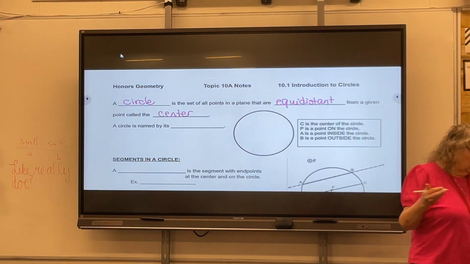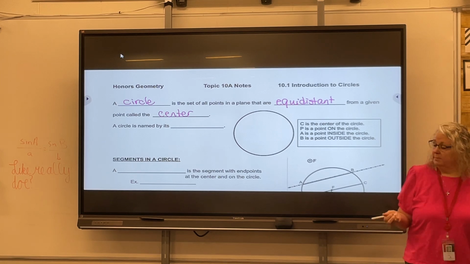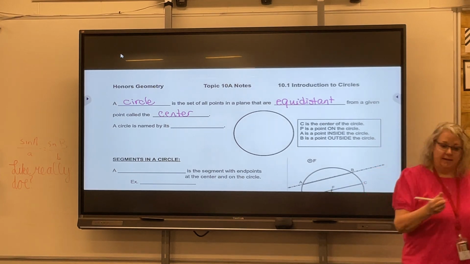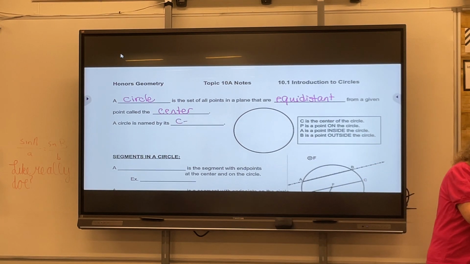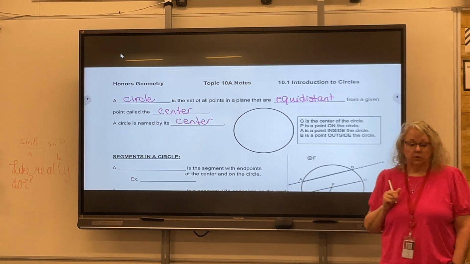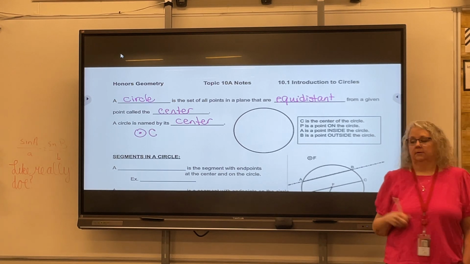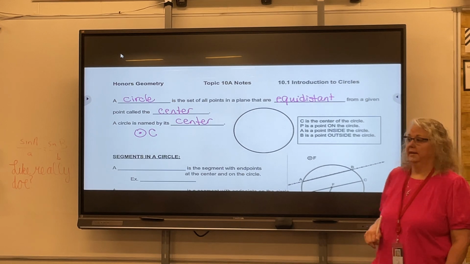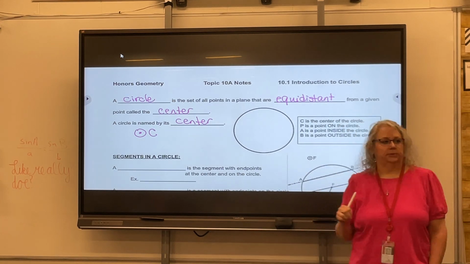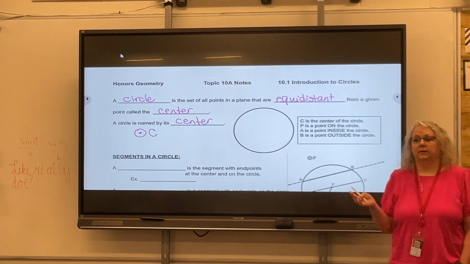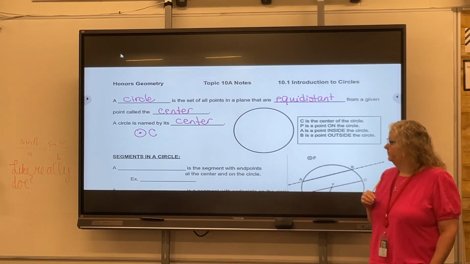When we name a circle, we always name it by its center. So, for example, we would call it circle, and we put a little dot in it, circle C, circle A. You'll see that in notes, on the test, on homework, okay, circle C.